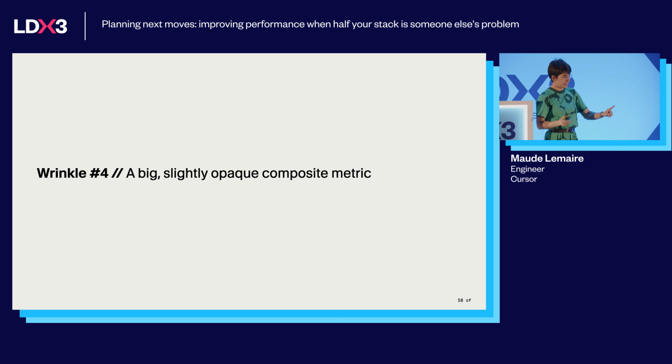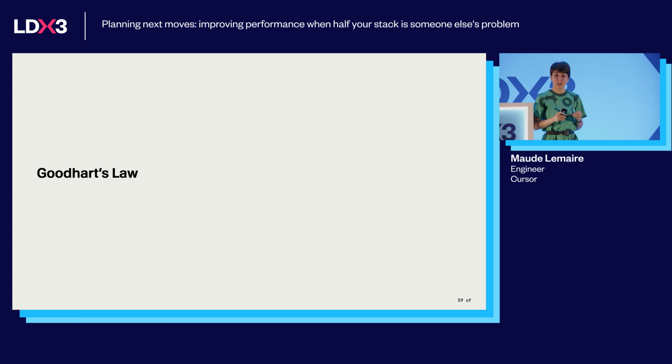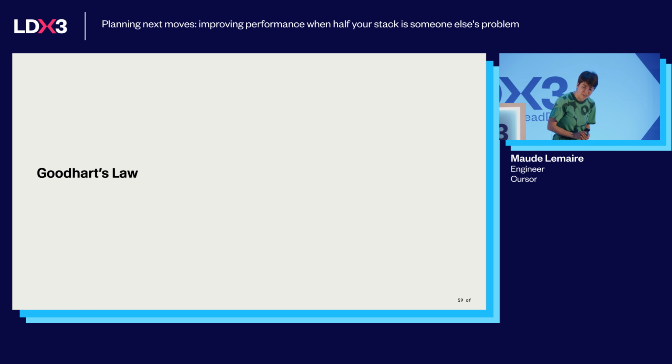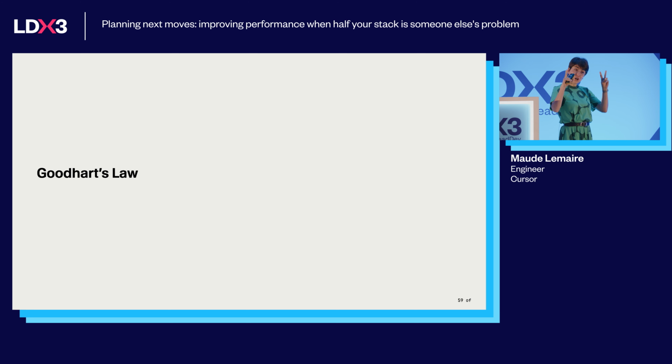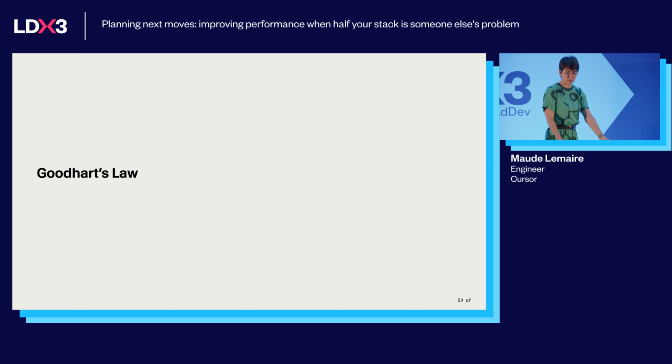So the core concept I want to leave you with is Goodhart's law: when a measure becomes a target, it stops being a good measure altogether. I think this is particularly important in an agent-driven development context, because there's a dozen or more changes the agent could have made to speed up time to first token that wouldn't have actually materially improved the experience of our users.